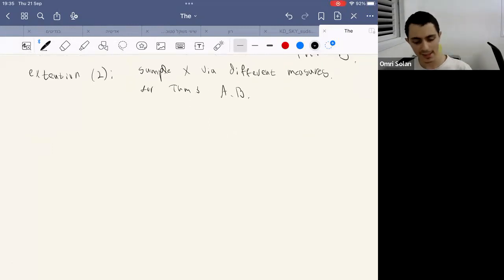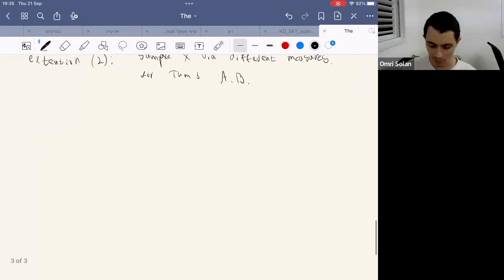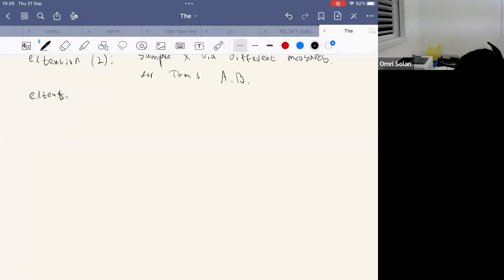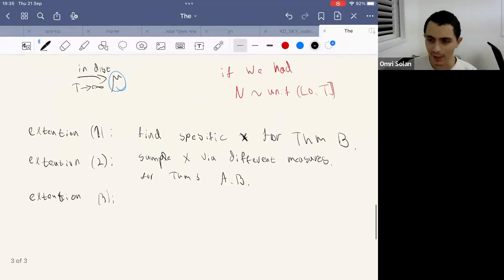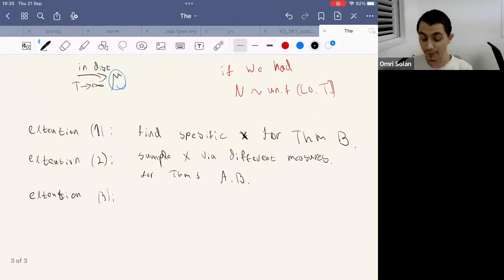And the last extension I want to discuss, and it's more vague than the previous two, is extension 3. We can try to approximate different objects by different things.